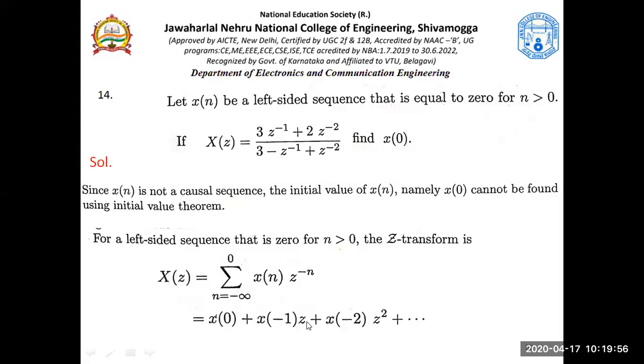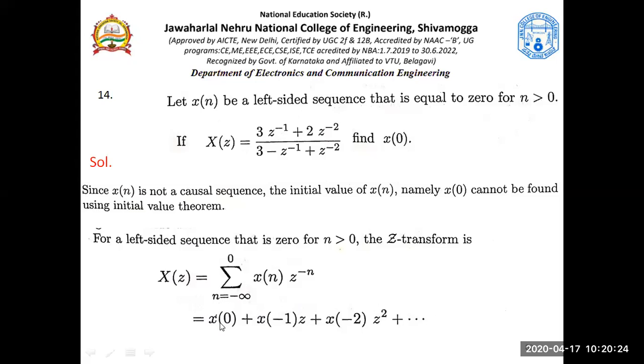So which limit do we need to apply is the question. If we apply which limit, can we nullify all terms except x of 0, all the other terms which involve positive powers of z? That can be done by applying the limit z tending to 0. So let's apply the limit z tending to 0 to this x of z, which is as good as applying the limit z tending to 0 to this right hand side.